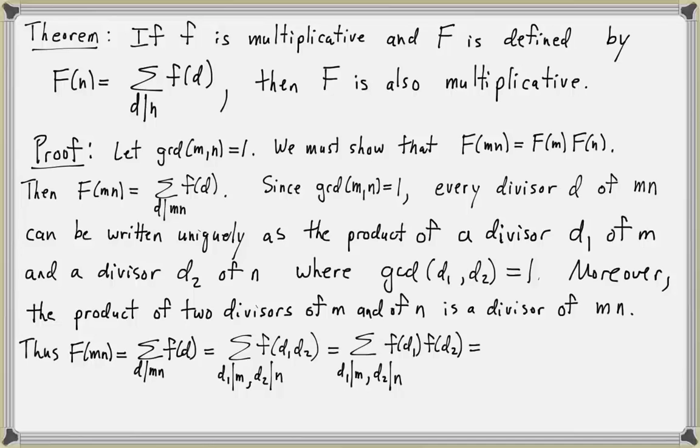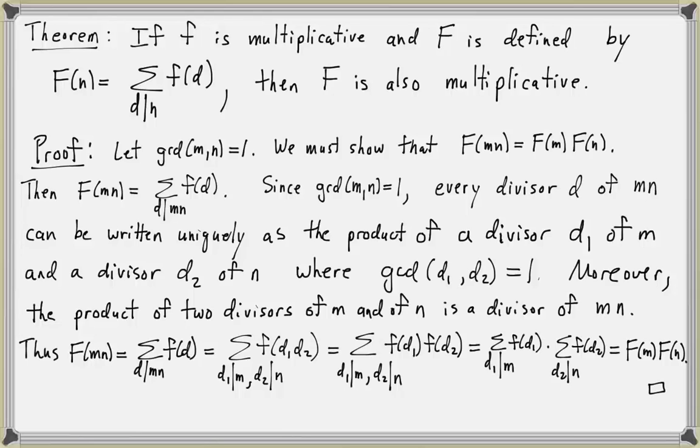This in turn can be rewritten as the sum of f of d1, where d1 is a divisor of m, times the sum of f of d2, where d2 is a divisor of n, and this, by definition, is capital F of m times capital F of n.